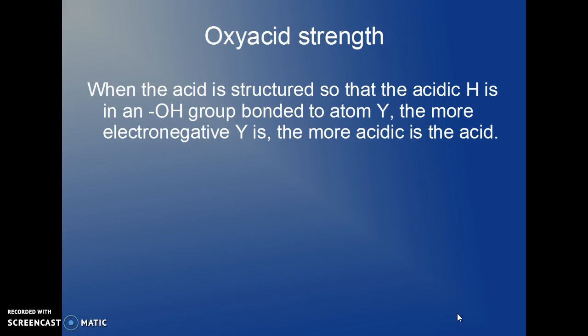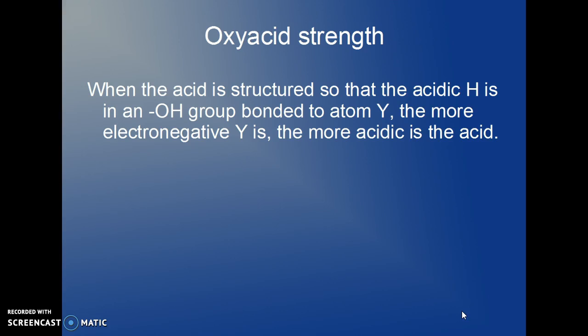Now, when acids are structured so that an acidic atom H is in a hydroxide group that's bonded to another atom Y, the more electronegative Y is, the more acidic is the acid. Of course, that's because the Y is withdrawing electrons from any other bonds around it, pulling the electrons toward itself.